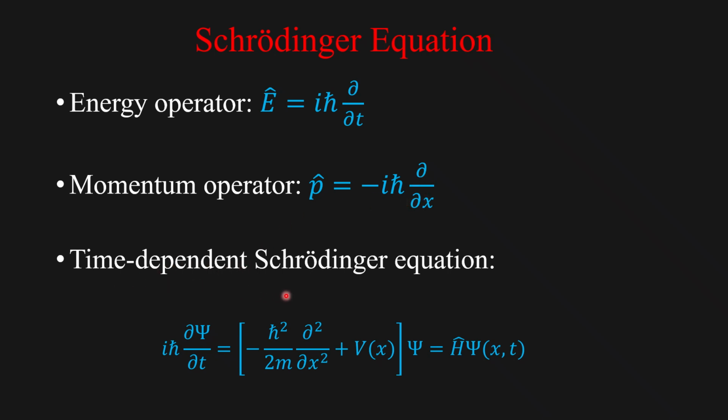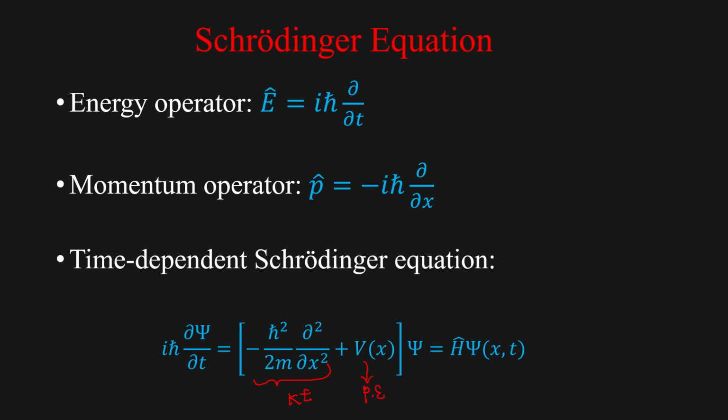The time dependent Schrödinger equation is i h cross del psi over del t, which is equal to minus h cross squared over 2m del squared psi over del x squared plus V of x multiplied by psi. Here, this is the kinetic energy, and this is the potential energy.